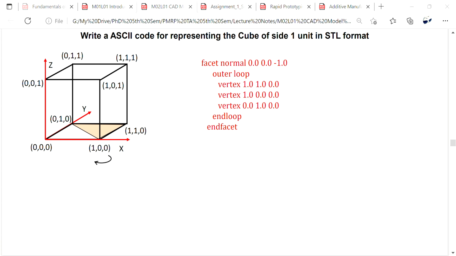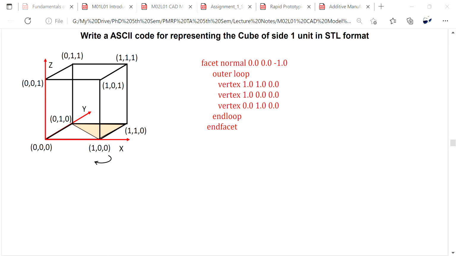Just imagine this as a cube. Okay, this is the part of a cube.